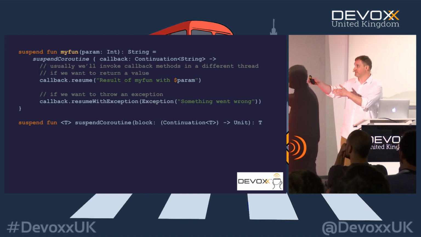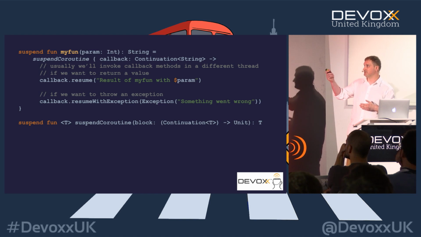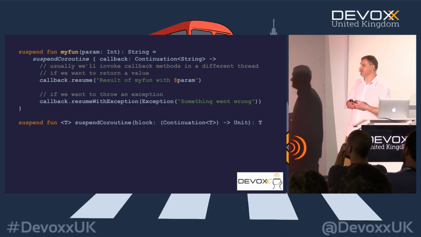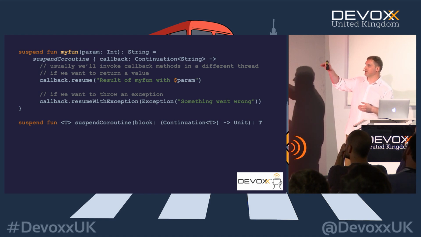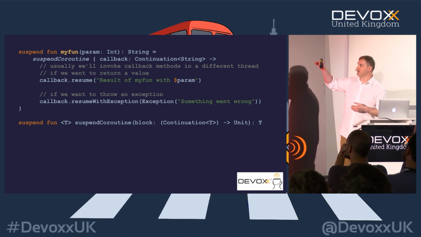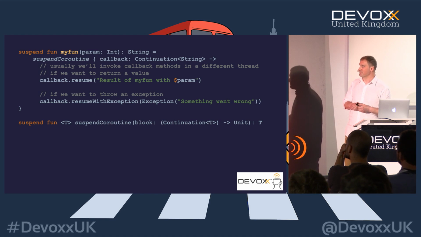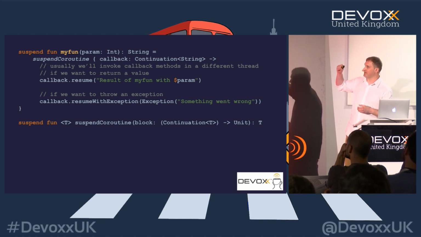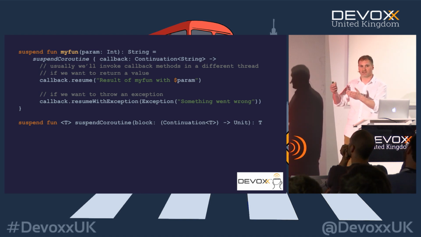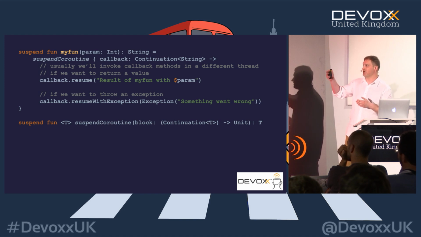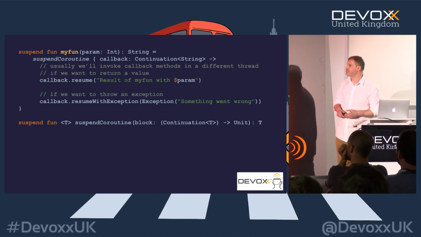So if you want to write a function which accesses this callback and calls resume, it can be easily done. You can call the resume method in that lambda expression directly, within the same thread, but you can also pass this to some other computation or some other thread, and that other thread can call resume. So suspendCoroutine will handle both situations.